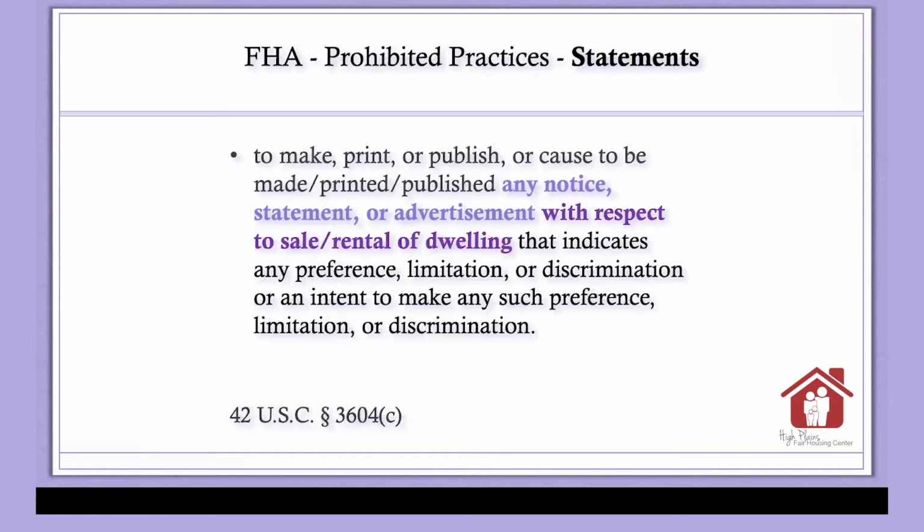This is why you almost never see rental ads or sales ads for housing that include language like no African Americans need apply, or we don't accept women, we're looking for a male tenant. Those types of things used to be commonly published in newspaper ads, and they're not there anymore, because if they are published, they're pretty much an immediate violation of this subsection.